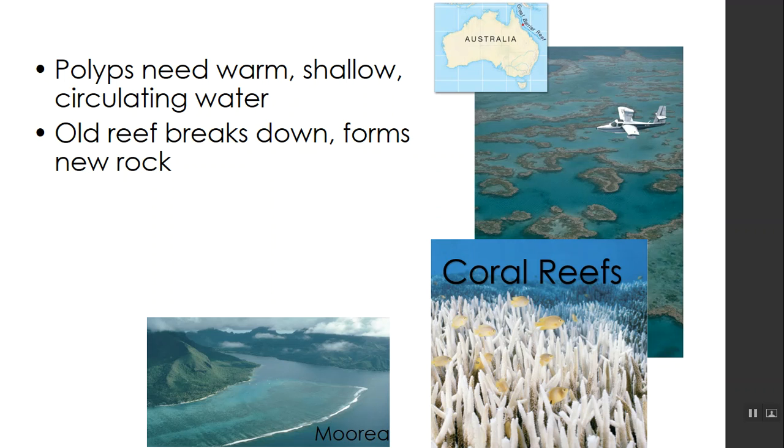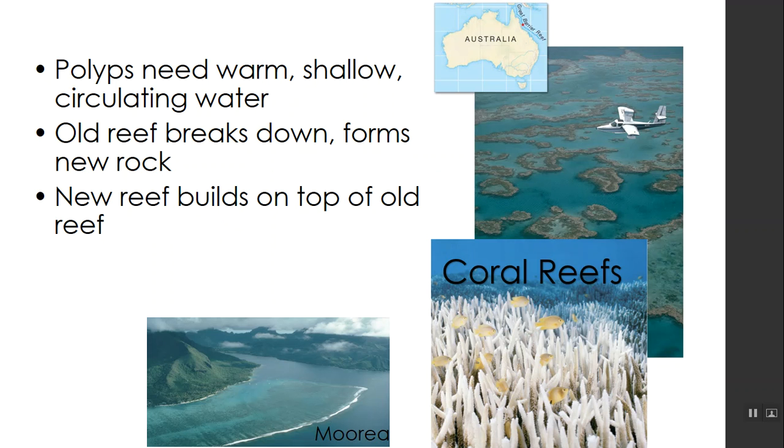They're hugely biodiverse. They're a really good indicator of ocean health, and you're going to read more about them. But as the old reef breaks down, it forms new rock, and that new reef builds on top of that old reef. So it's like this giant growing ecosystem.